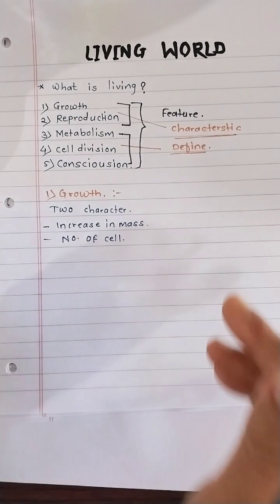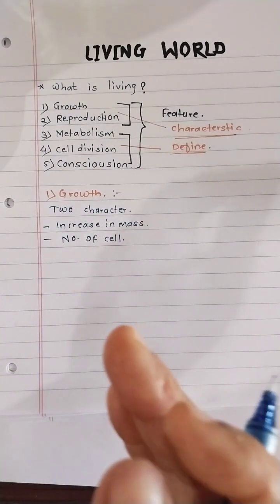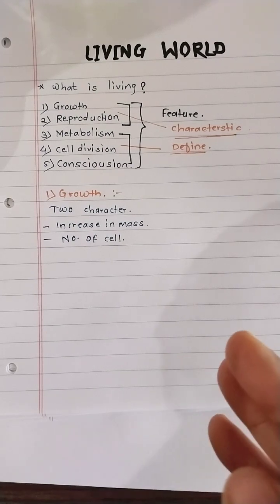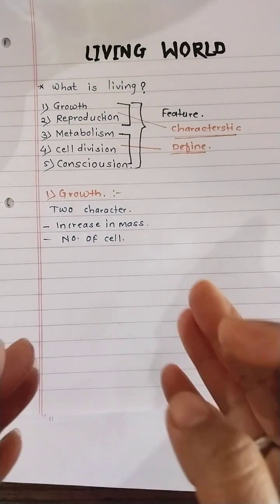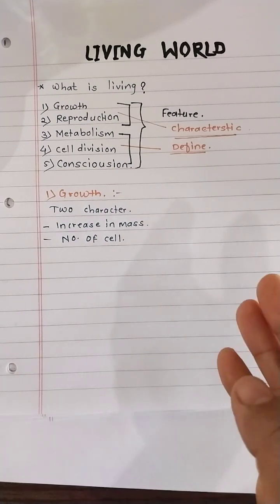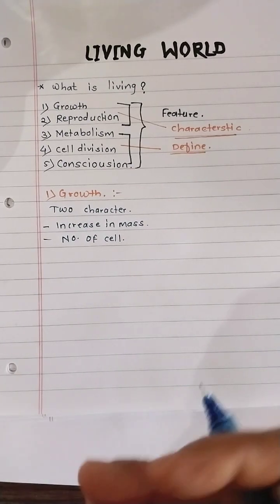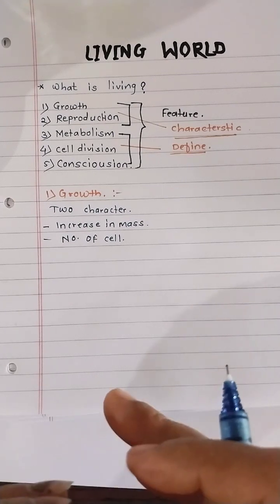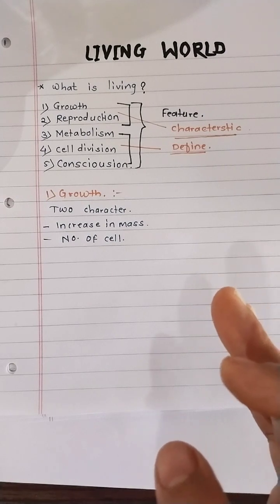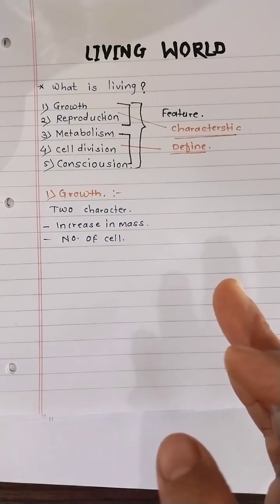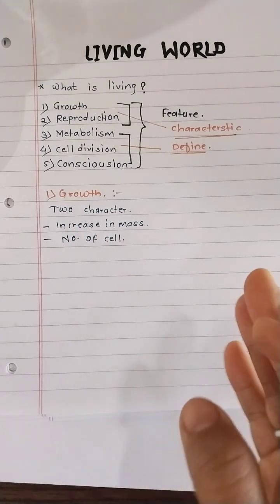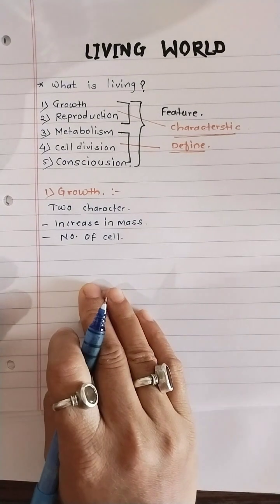Similarly, when you take some rice and add more rice to it, the mass increases, so we call it growth. It happens in a living thing, and it also happens in a non-living thing. So it is not specific to living things, meaning it has exceptions. It is present in both living and non-living.